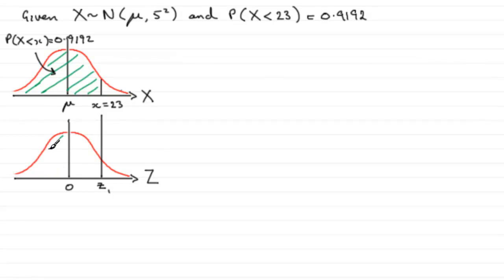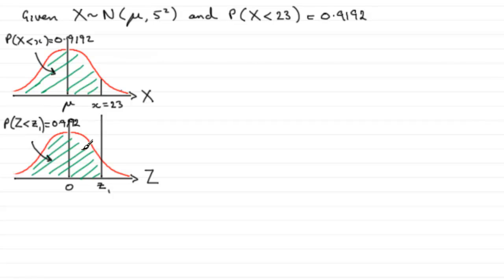We know that this area in here must be the same as the area up here. So in other words, the probability that z is less than z1 has to equal 0.9192. Alright, a bit cramped, but I hope you can see that.